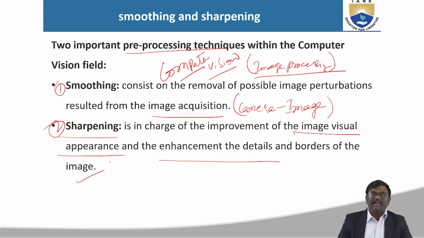So we can understand the major important point between smoothing and sharpening: the distinguishing point is that you concentrate on improving your required image in terms of the computer vision field only.